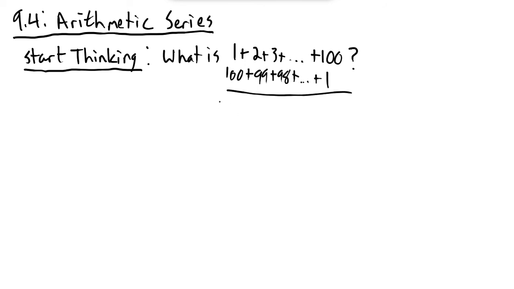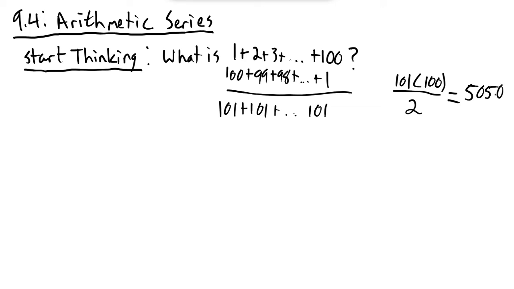And when you did that, you came up with 101 plus 101, and you found out that you had 101 written 100 times. But of course, we wrote the thing we were looking for twice, so we had to divide it by 2. And that came out to be 5,050.